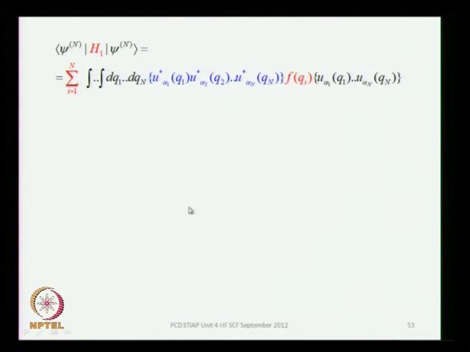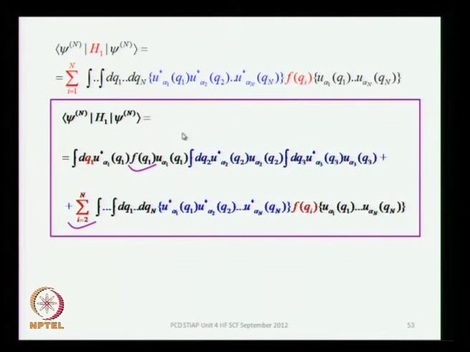And here you have integration over n variables. Each variable is a set of 3 continuous space variables and 1 discrete spin variable, right. So now you can separate out the integrations over q1, q2 and so on.